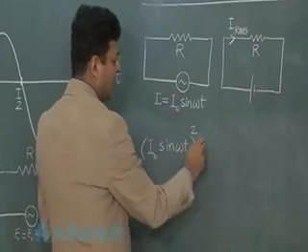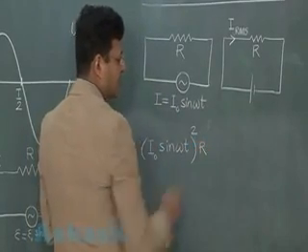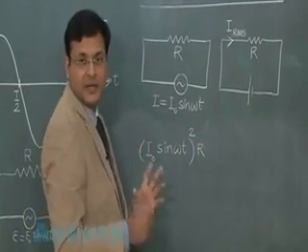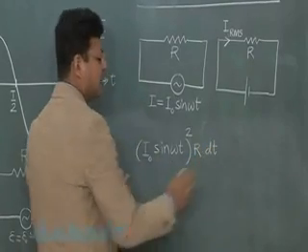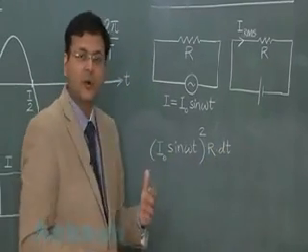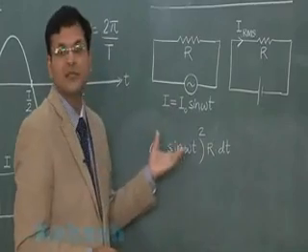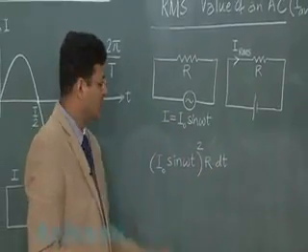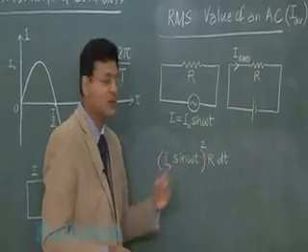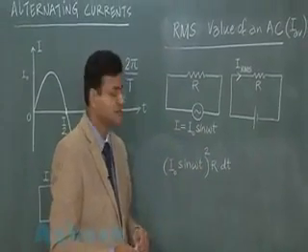Since the resistance is R, you are writing here R, and imagine a very small time interval say dt. तो इस dt time interval में ये इसका heat generation होगा. If you talk about the heat generated by this alternating current over a very small time period say dt, तो यहाँ पे heat generated इसका I squared R dt इस तरीके से लिया जाएगा.